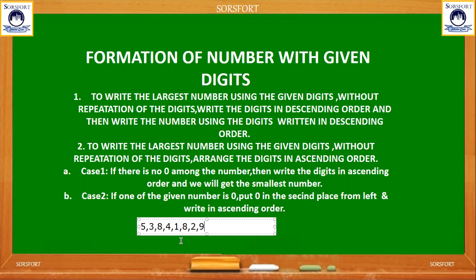Now using these 9 digits, we have to form the largest number. So how will I form the largest number? First I will arrange all the digits in descending order. What does descending order mean? Big to small. First will come 9, then 8, then 7, then 6, then 5, then 4, then 3, then 2, then 1.